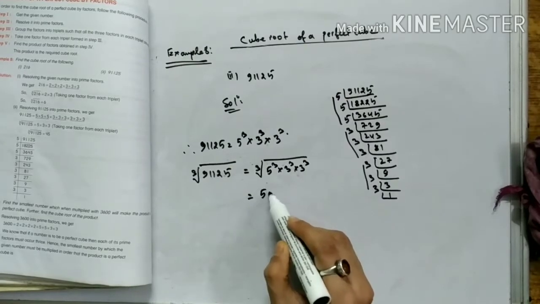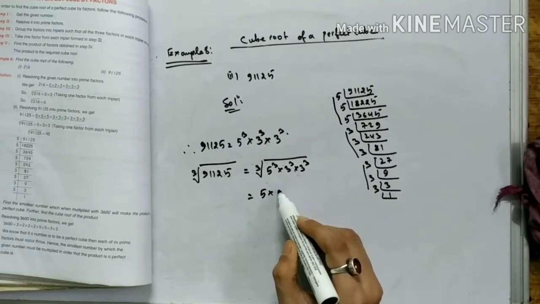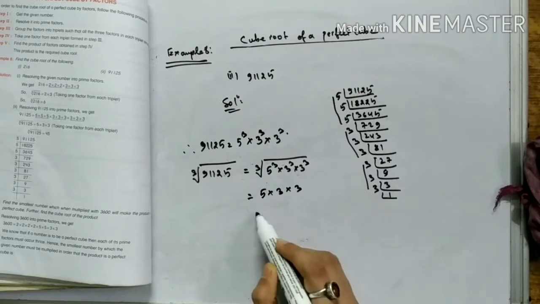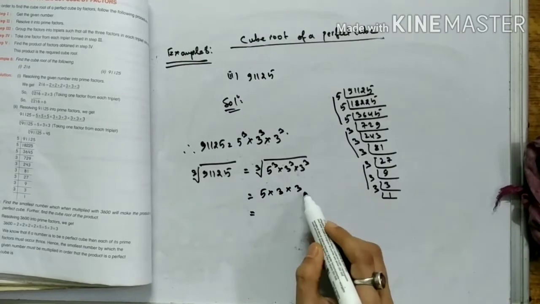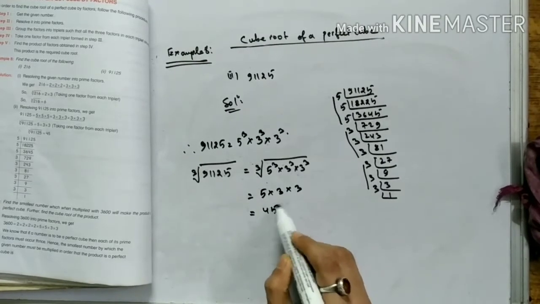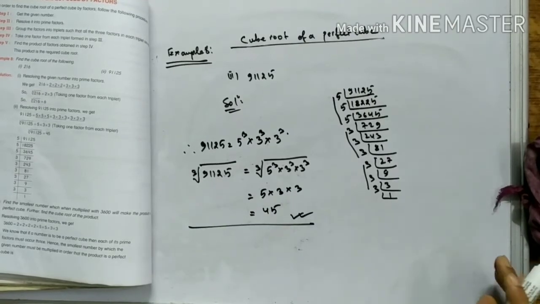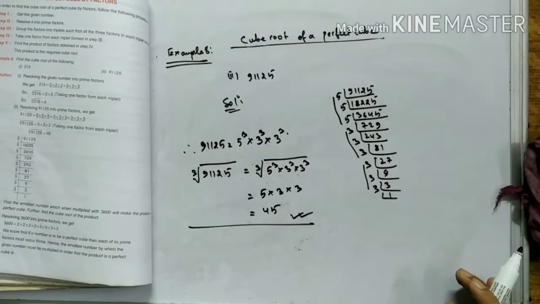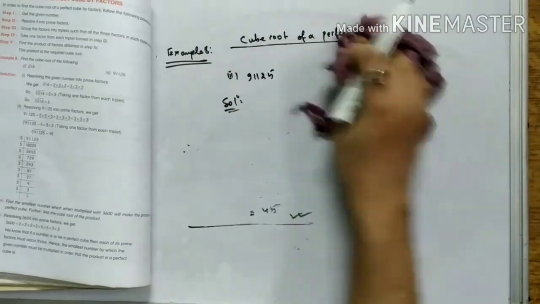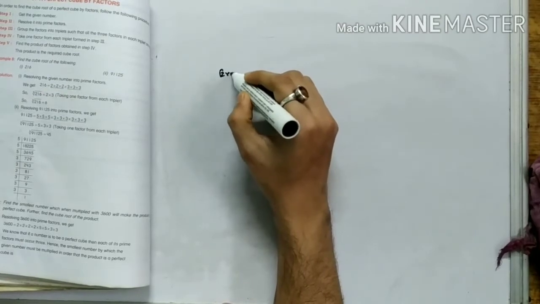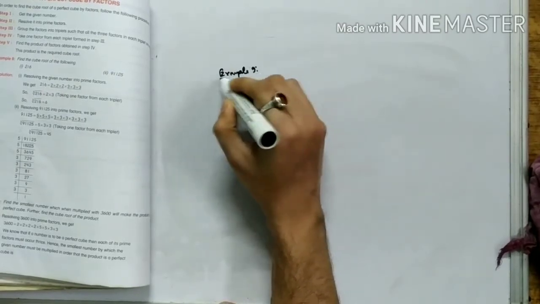So I will get 5 into 3 into 3. So 3 3 is 9, 9 5 is 45. So cube root of 91125 equals how much? It equals 45. Understand?